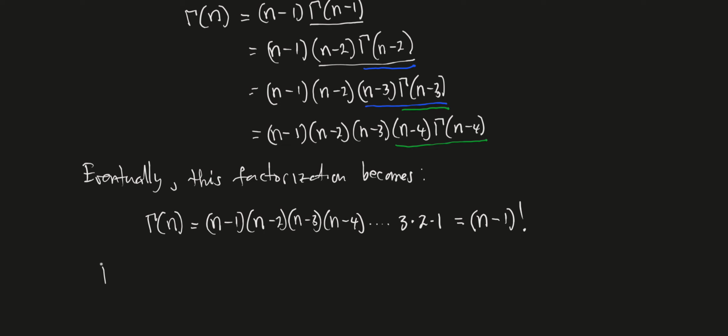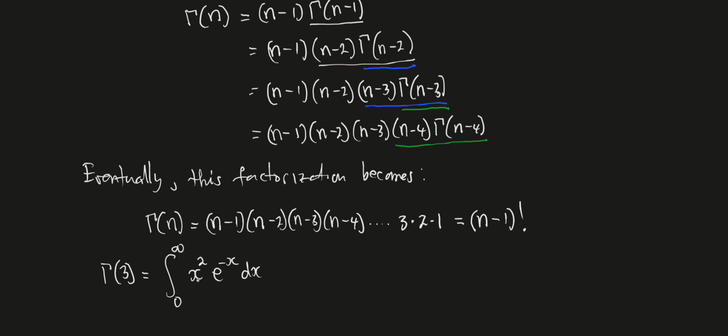So what does it look like? For instance, if I wanted to compute the gamma of 3, let me write down what the improper integral would be. The gamma of 3, by definition, would be the integral of x to the 3 minus 1, so that's x squared, times e to the negative x dx. We would have to do integration by parts twice, then deal with the improper integral.